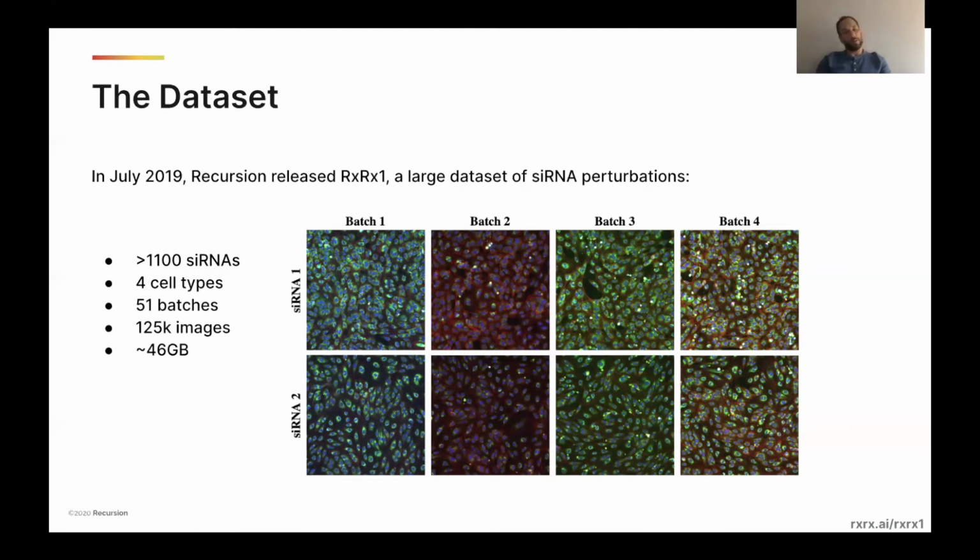And in the image here, you can see the siRNA 1 and 2 look more similar to each other within batch 1 or within batch 2 than siRNA 1 does to itself across batches 1 and 2, and similar for siRNA 2.